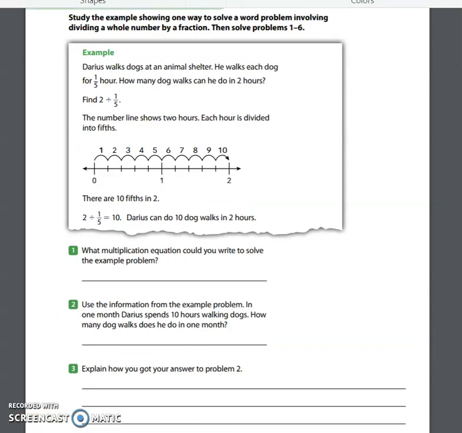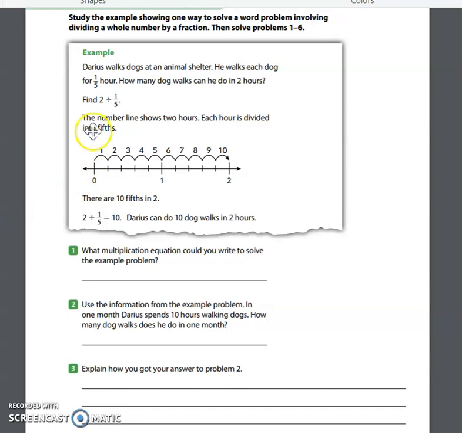Next example says Darius walks dogs at an animal shelter. He walks each dog for 1/5 of an hour. How many dog walks can he do in 2 hours? So we're going to find 2 being divided by 1/5. All right, so it says, what multiplication equation could you write to solve the example problem?